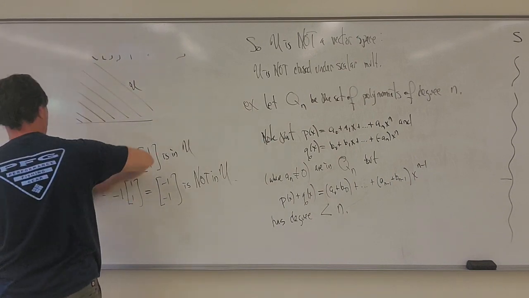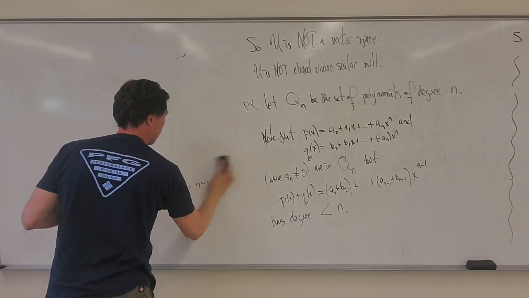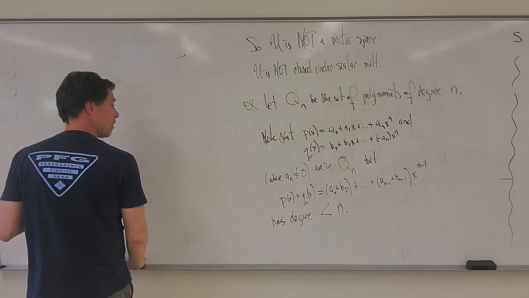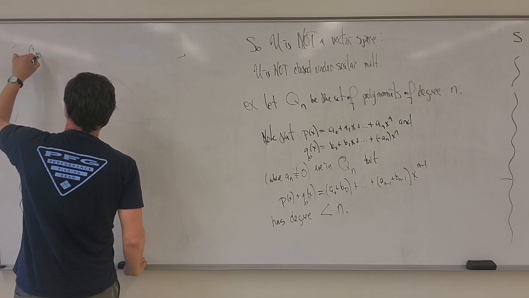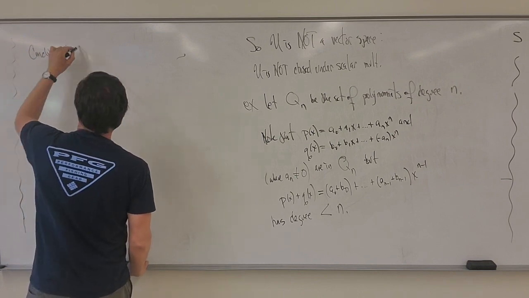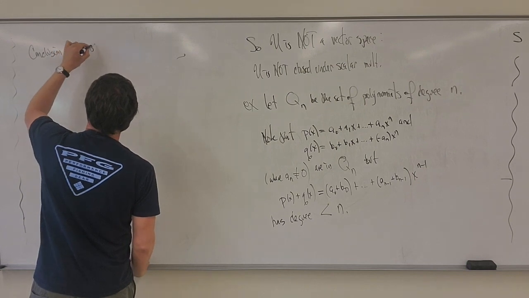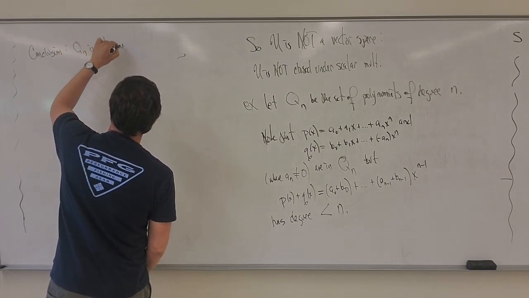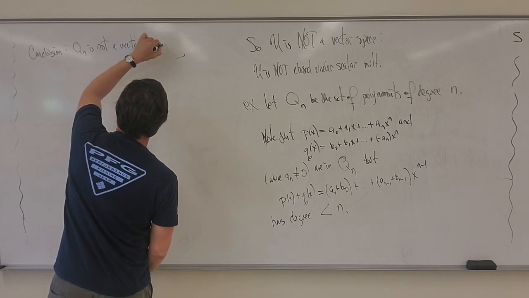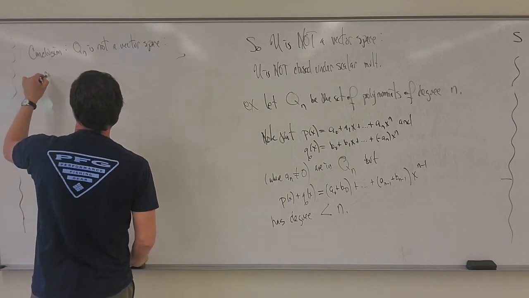Okay. I just erased my border here. So conclusion: Qn is not a vector space.